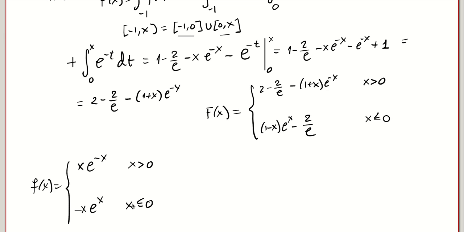Okay, then what we're going to do is to calculate two separate primitives, one of this function and one of this function, right? So this function here, which is a primitive of the global function f, must be a primitive of this and a primitive of this, right? So we write these two primitives. Let's call them F plus and F minus.